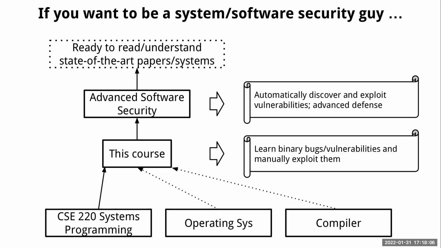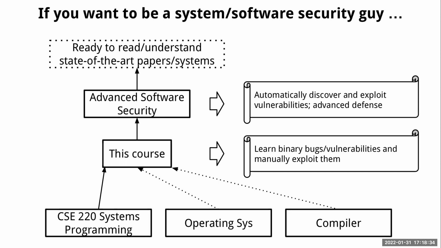You can understand their systems, and then you are getting closer to research in this area. This class is a baby step, but it's very necessary. No matter which area you are interested in, maybe machine learning, computer vision, or systems, there's a huge gap between what we teach in school and where the state of the art is.